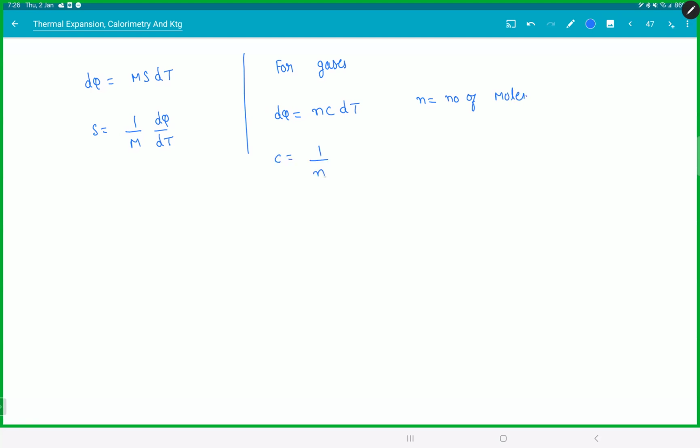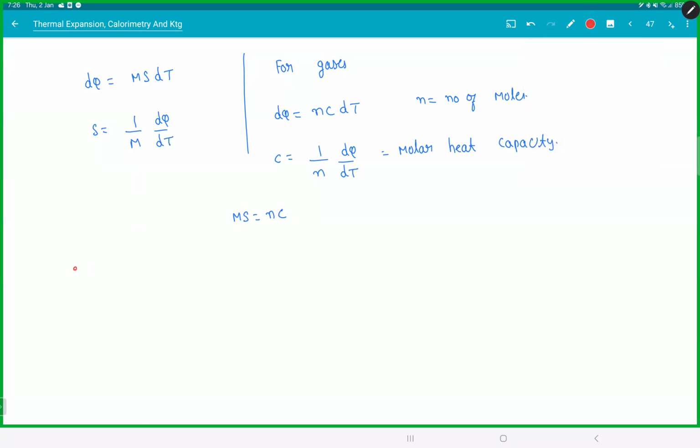C would be 1 by n dq by dT, the amount of heat required to change the temperature per mole per unit degree. This is called molar heat capacity. So basically that m into S is nothing but n into C. It's the same stuff.